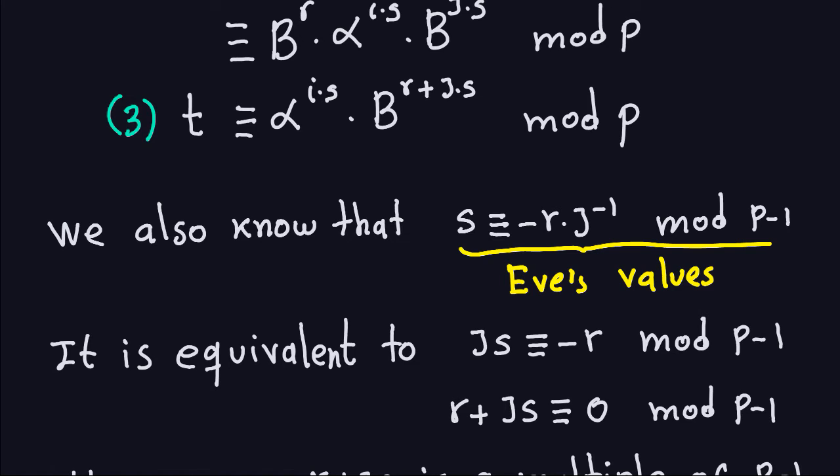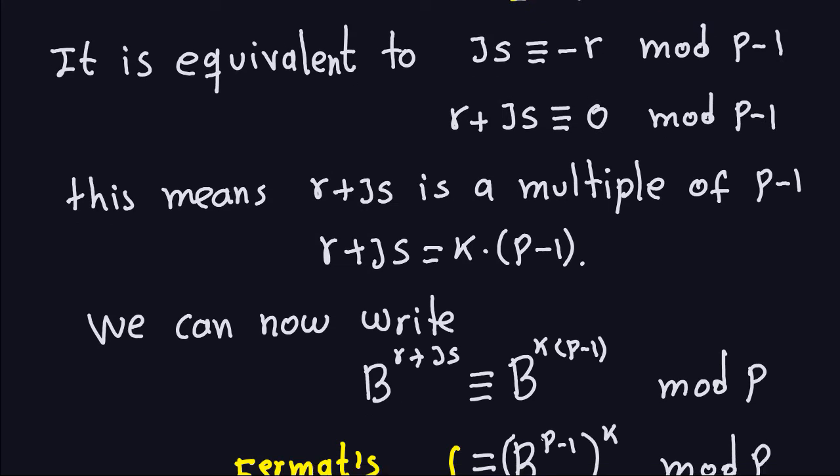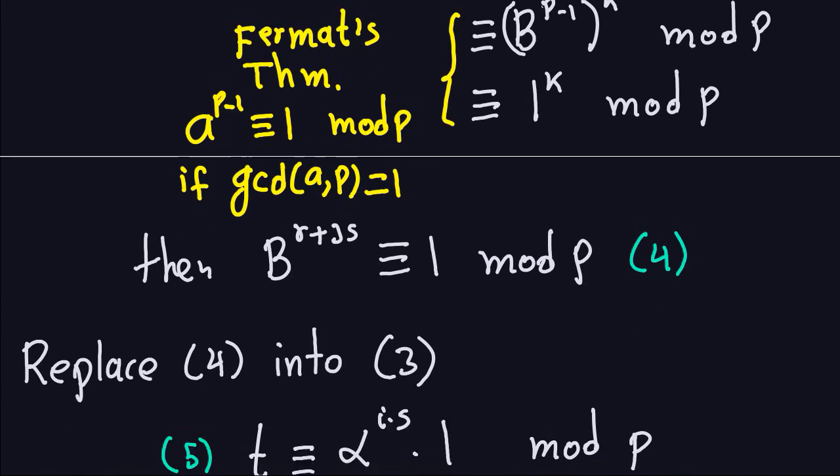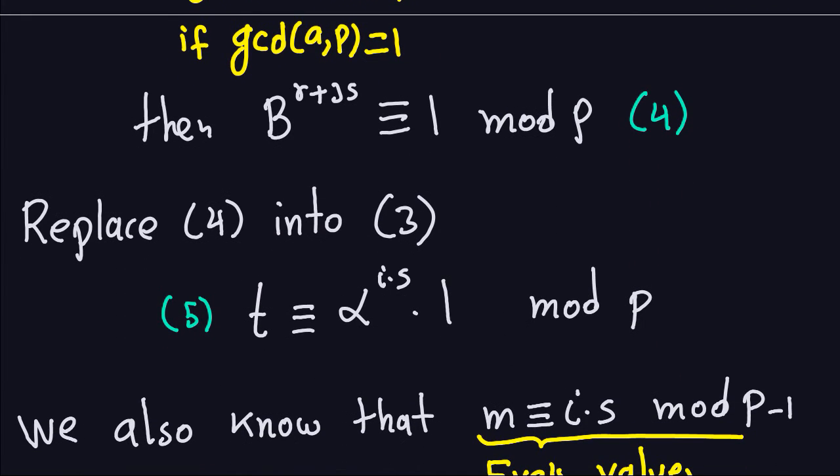That means that t will be congruent to alpha to the is, and this is all modulo p. And that's exactly what combining 3 and 4 will do. So then t is equal to alpha to the is times 1. And we're almost done. So you will see that this t will be congruent to alpha to the m modulo p, and that means that the signature is valid.